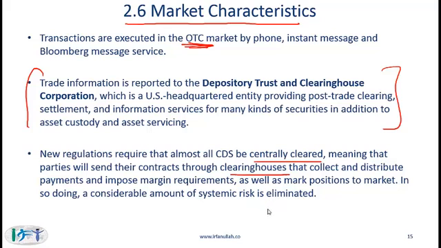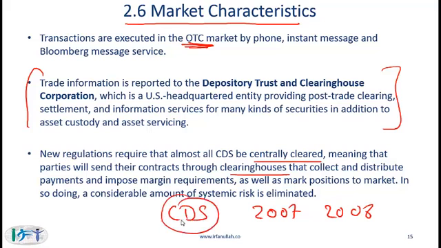So the larger point here is that in the past, the CDS market was not particularly regulated. And when we had the credit crisis of 2007-2008, while there were multiple causes, many blamed the CDS market for the crash.